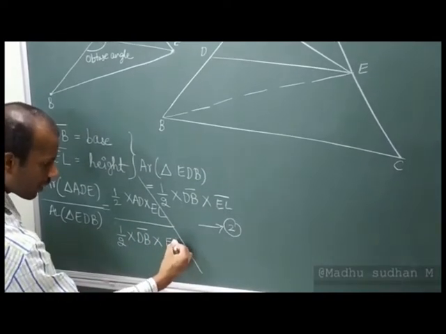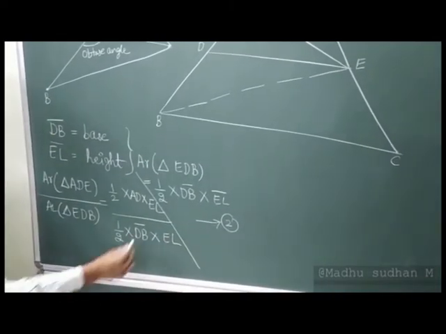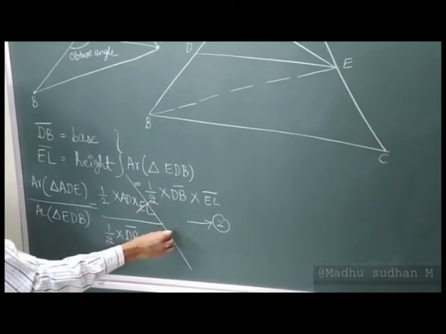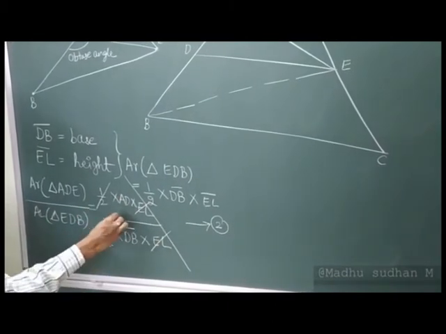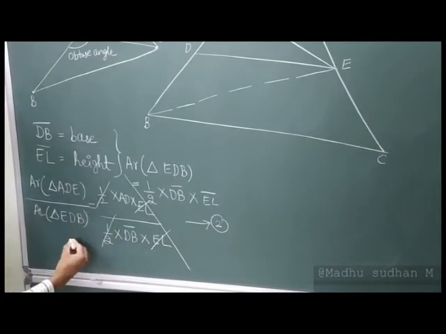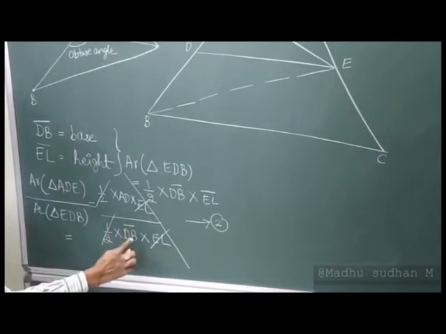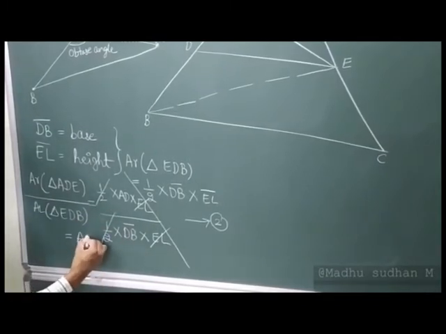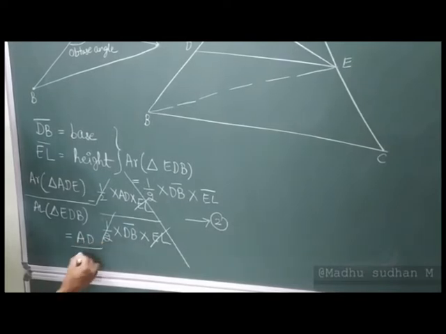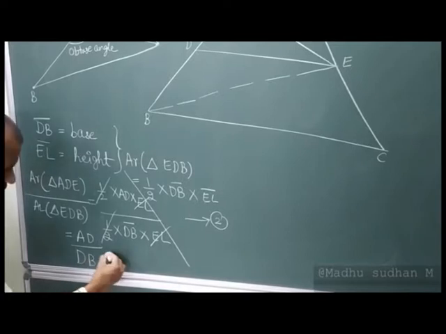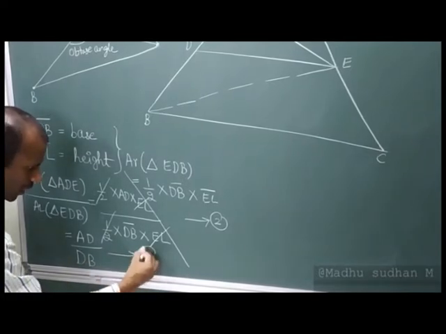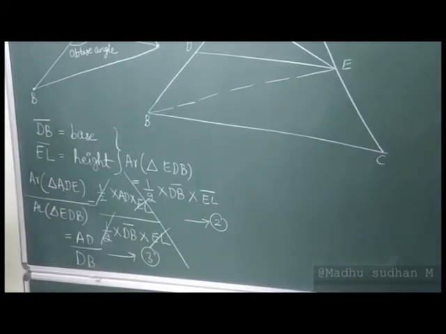Here you can cancel EL and EL, half and half I can cancel. So what did I get? This is equal to AD by DB, right? So this shall be my equation number 3. Followed it?